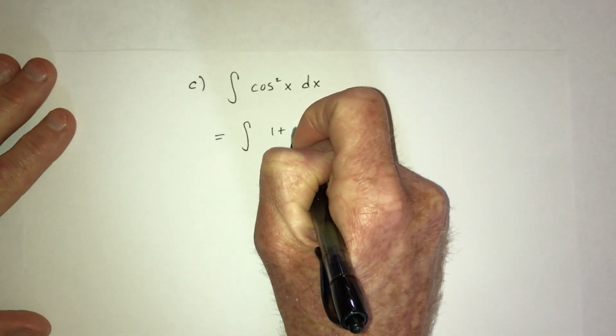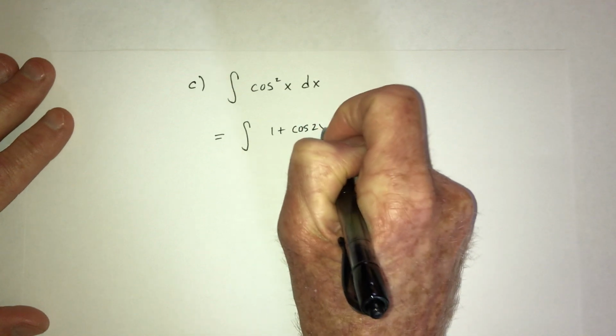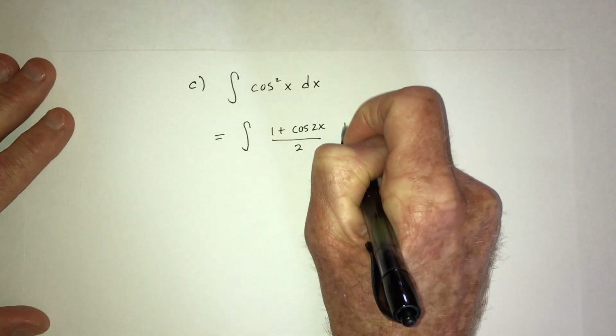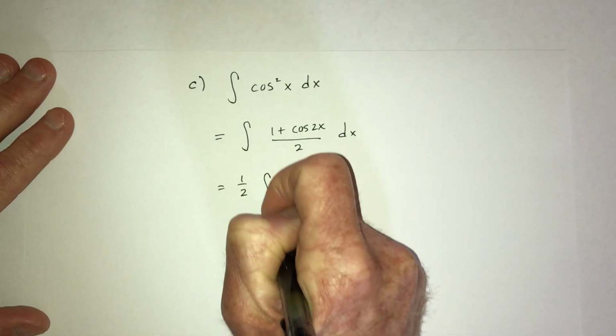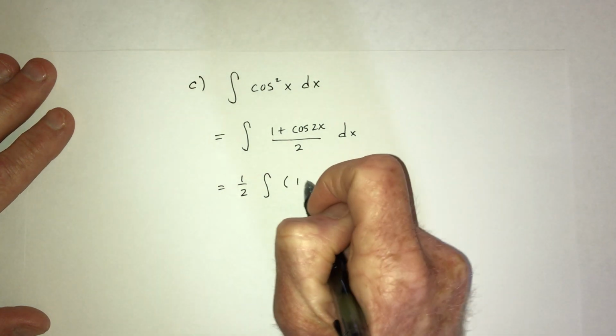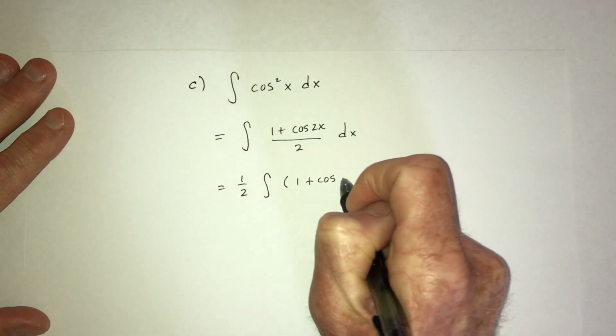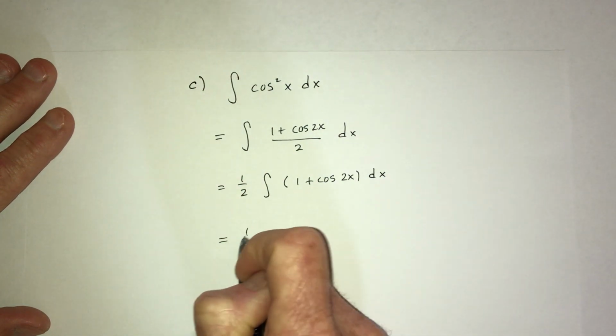It's 1 plus cosine of 2x divided by 2. And then I'll factor out the 1/2, and it leaves 1 plus cosine of 2x, and that's what we need to integrate.